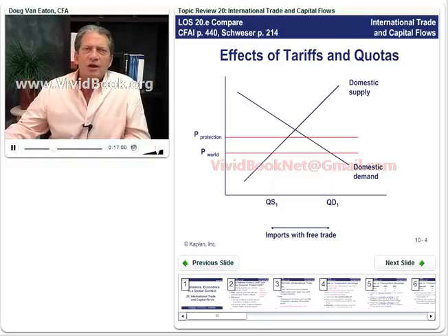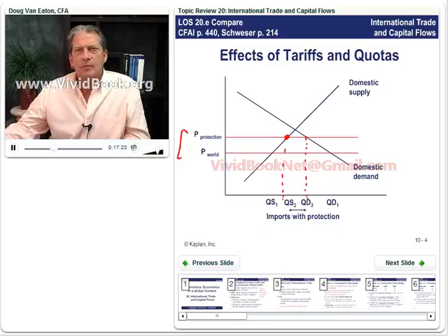If we put on a tariff equal to that, that would just raise the domestic price to here. We would have more supplied by domestic suppliers and less demand at that higher price. So I think if I click this forward, we'll see that that's the imports with protection right there.